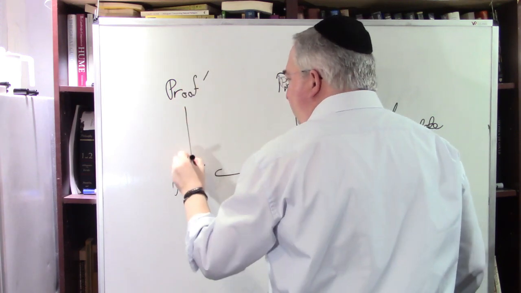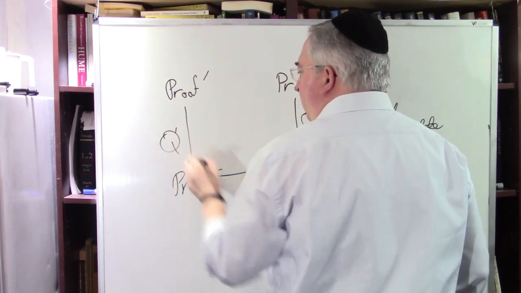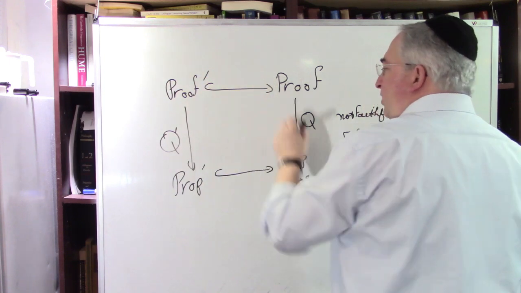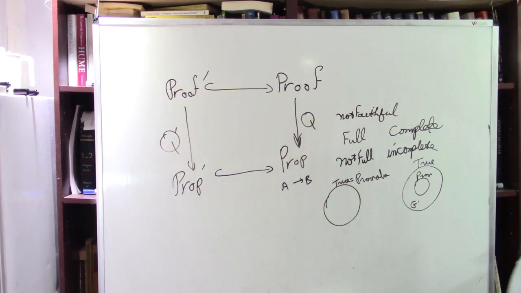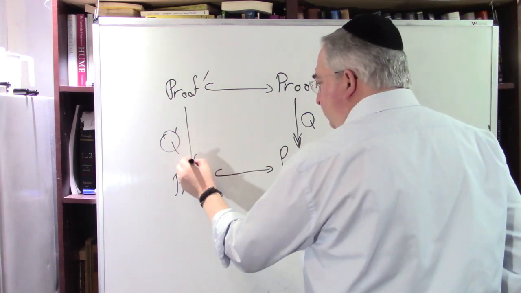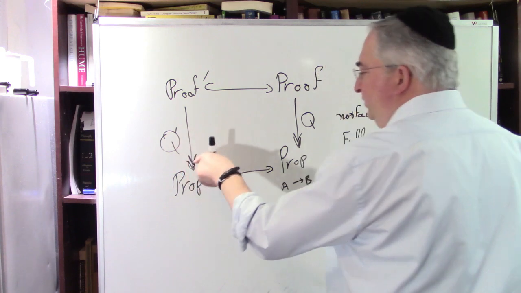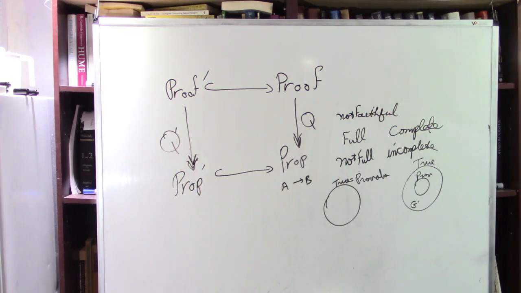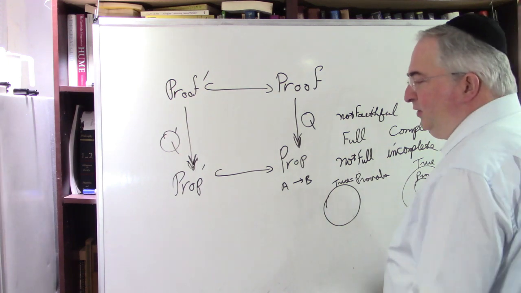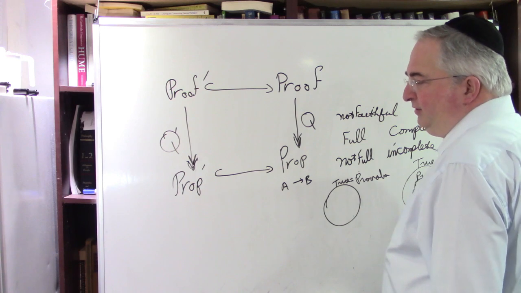Okay, and again, there's Q prime, and again, the proofs will be a subset of proofs. Okay. I'm sorry, didn't introduce this notation yet. This kind of means surjective on objects at least. Forgetful functor.